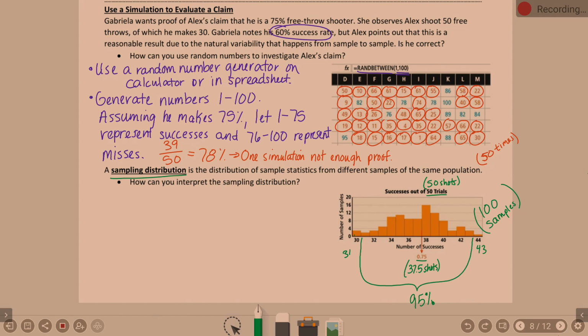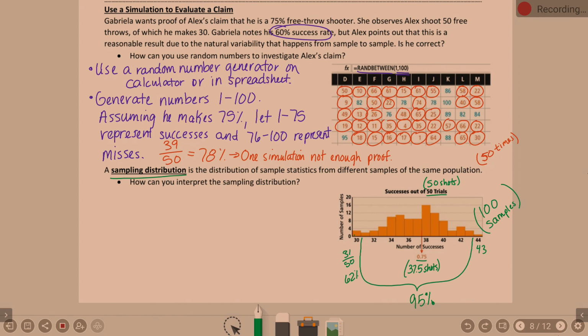Now, that's 31 shots out of how many? 50. What is 31 out of 50? Is that a number higher than 60 and less than 63? It's 62.